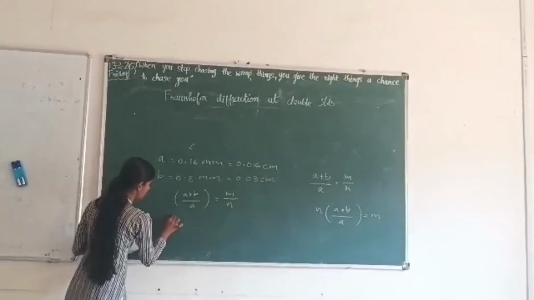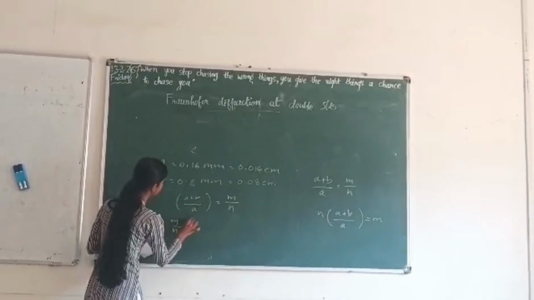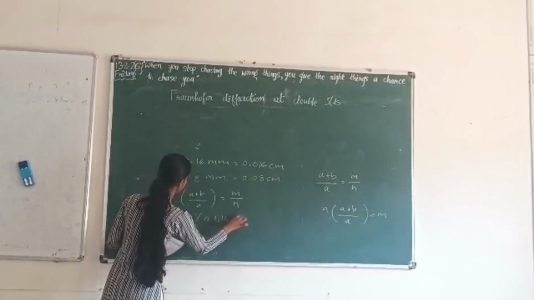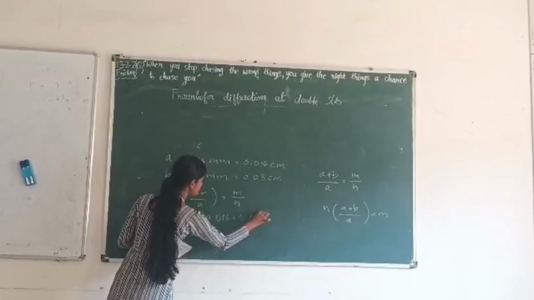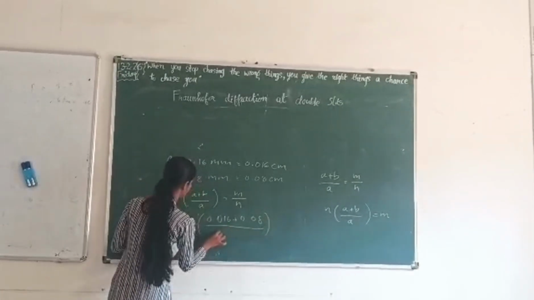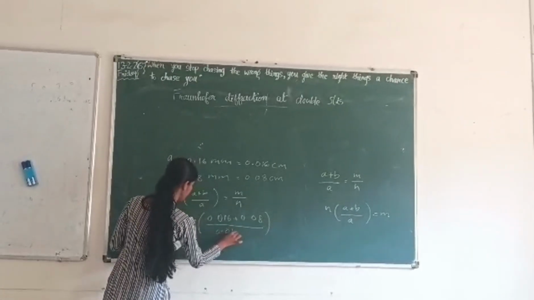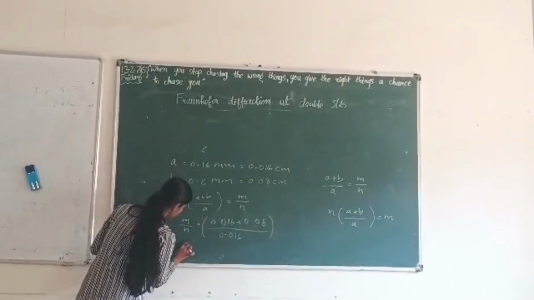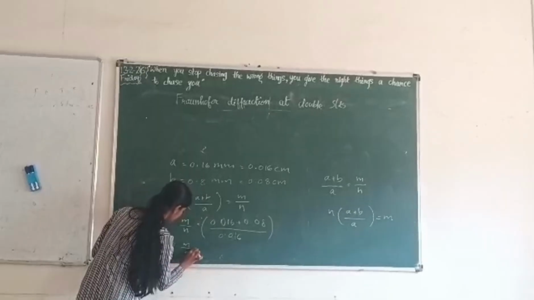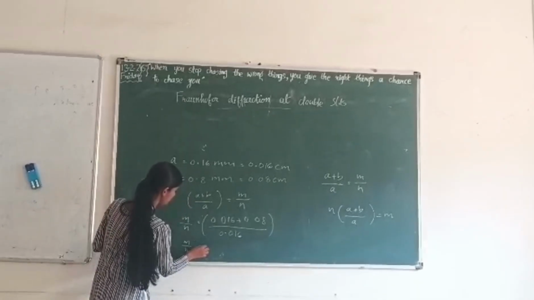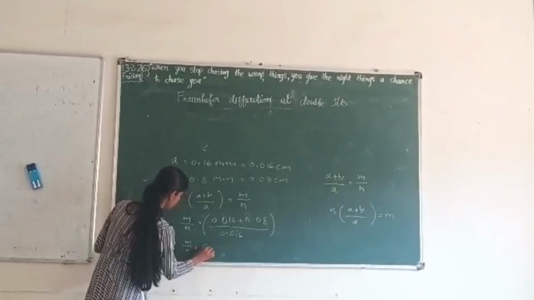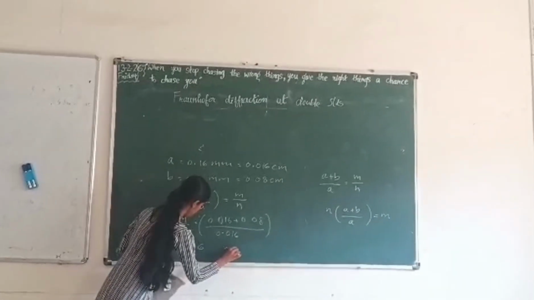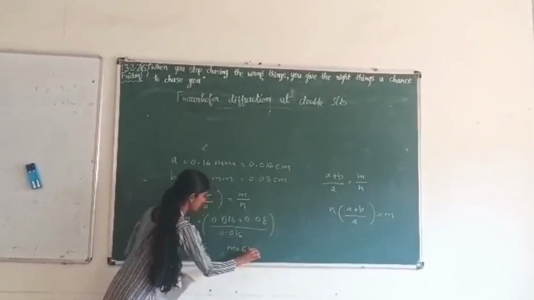So n by m is 0.16 plus 0.8 by 0.16, which is 6. So n is equal to 6m.